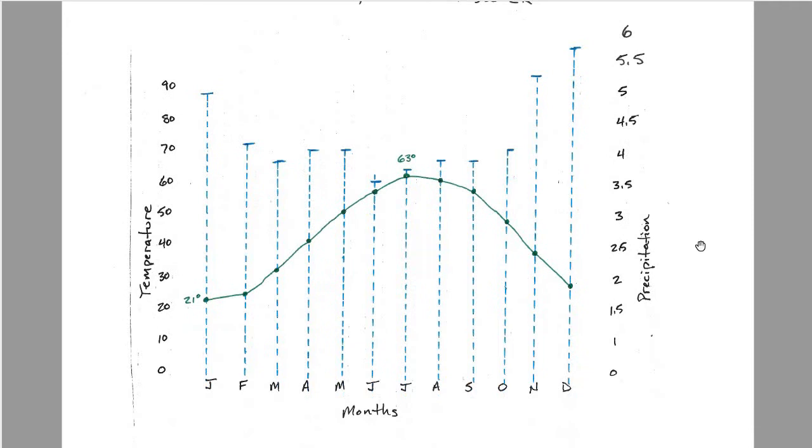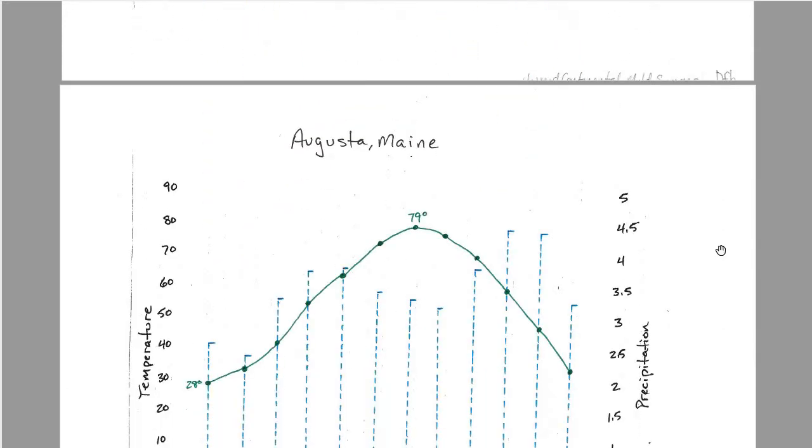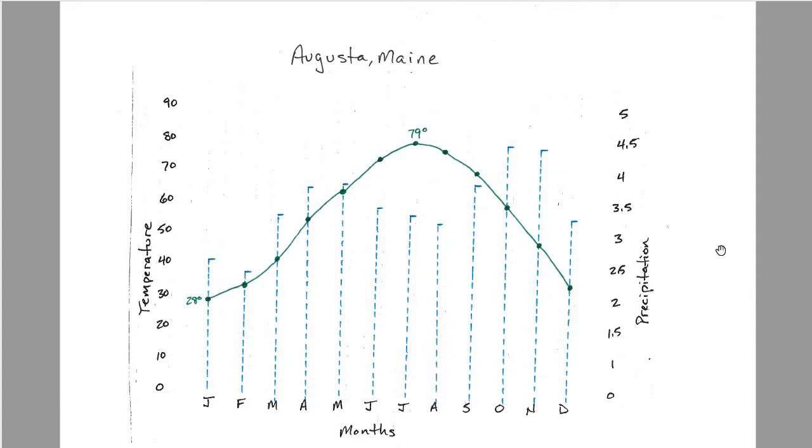St. John, New Brunswick, again, DFB. We can see the seasonality in the precipitation, a much wetter winter than summer, but cold in the winter, mild in the summer, DFB.